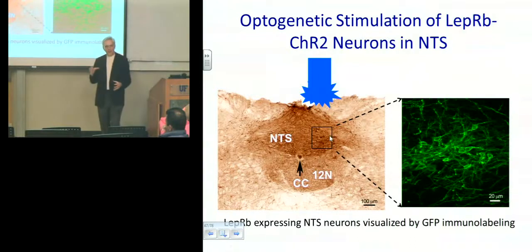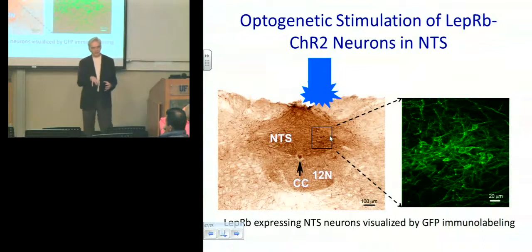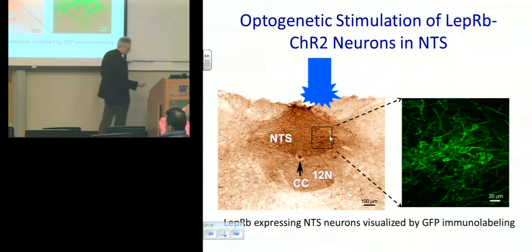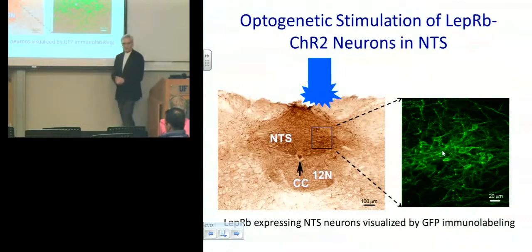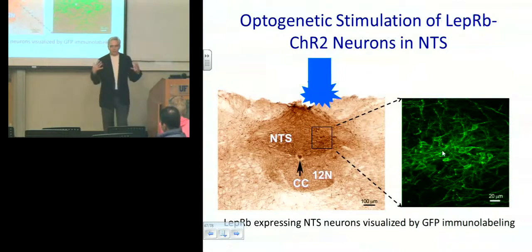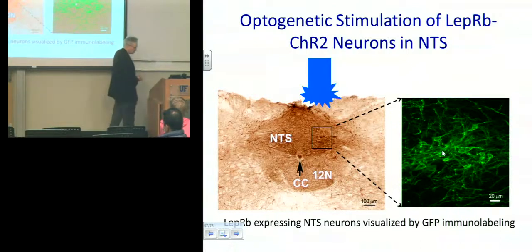So the animals that have channelrhodopsin in their neurons also express GFP, so we have a GFP promoter there also. And we can immunostain for that, and you can see where it is. And this is just a blow-up of those cells in the NTS that are positive for GFP, or by extension, the leptin receptor and channelrhodopsin.